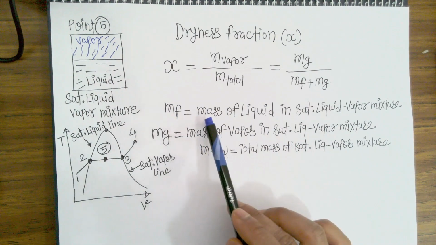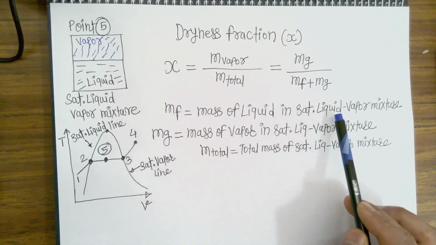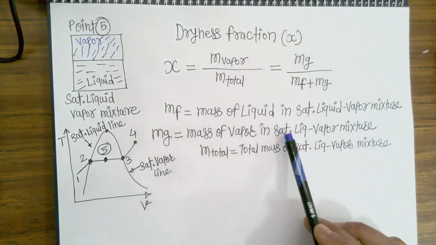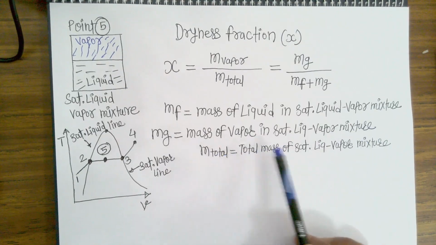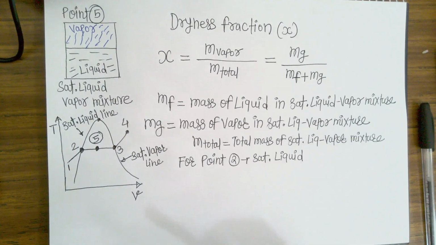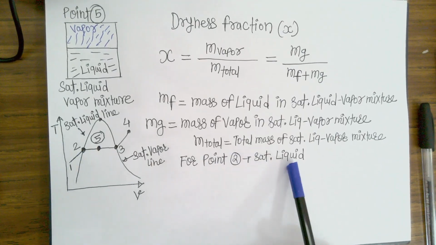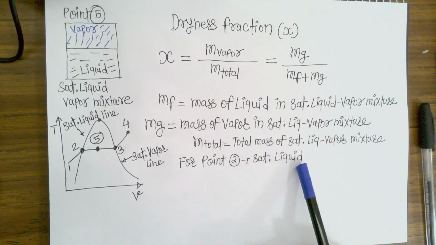So mf is the mass of liquid in saturated liquid vapor mixture. mg is mass of vapor in saturated liquid vapor mixture, and m total is the total mass of saturated liquid vapor mixture. So let's say what will be the dryness fraction for point 2, which is a saturated liquid condition, which is 100% liquid.